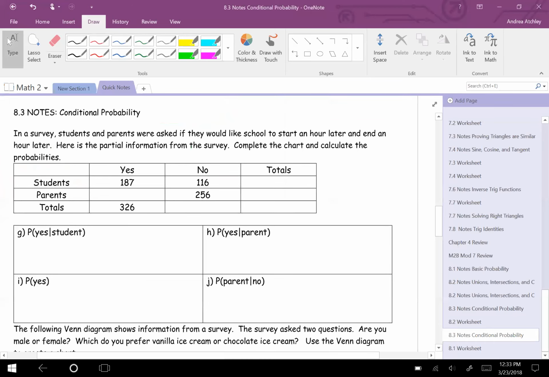Okay, sometimes you'll be given a chart that isn't completely filled out. In a survey, students and parents are asked if they would like school to start an hour later and end an hour later. So would you rather start school at, let's say, 8:40 and then get out at 3:40?